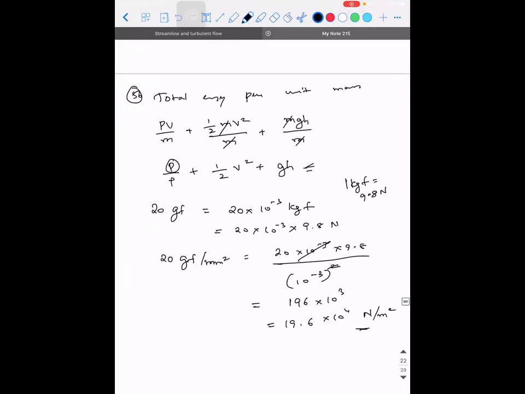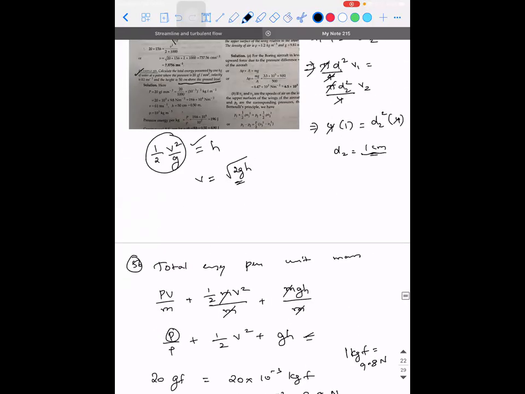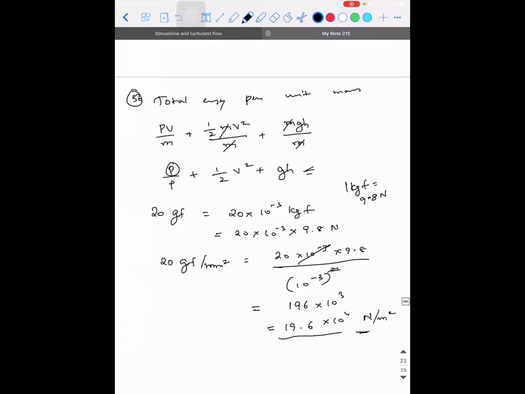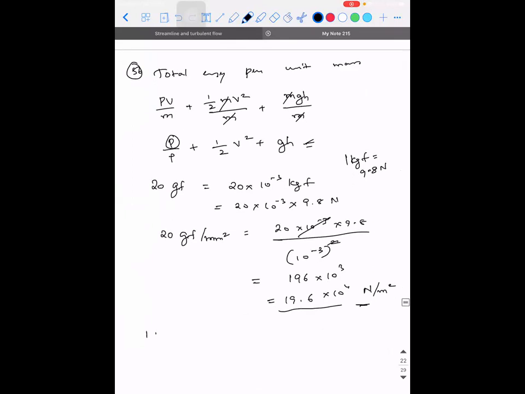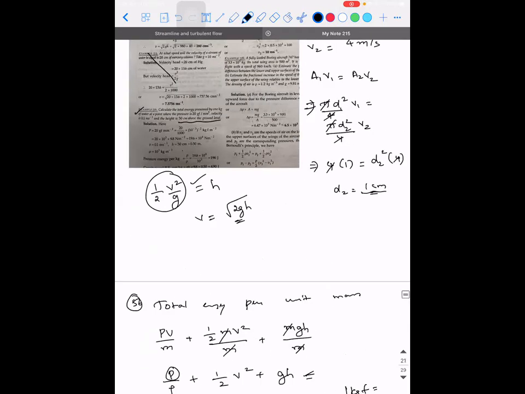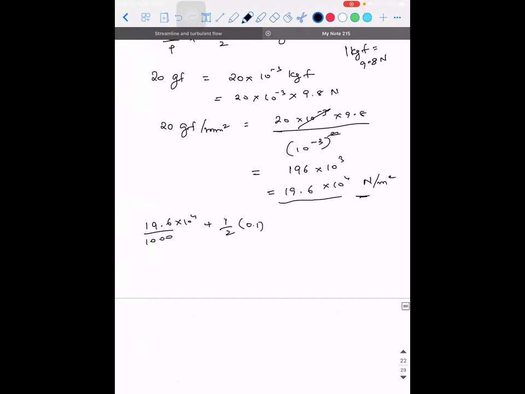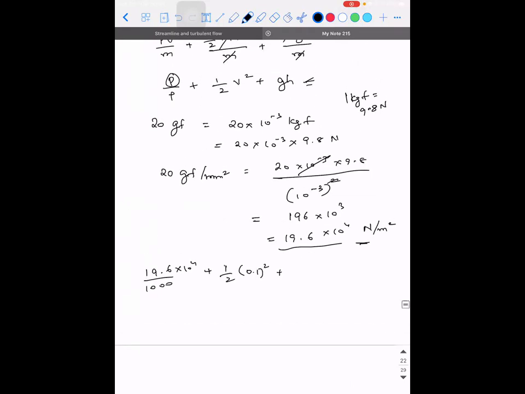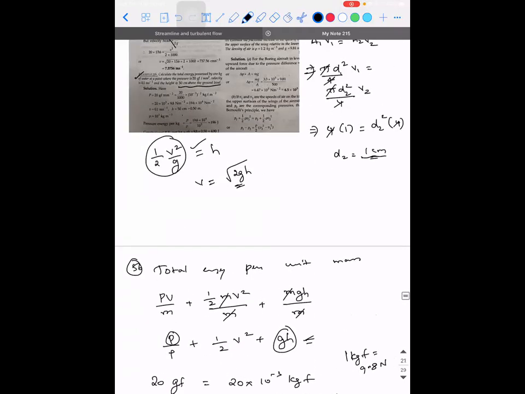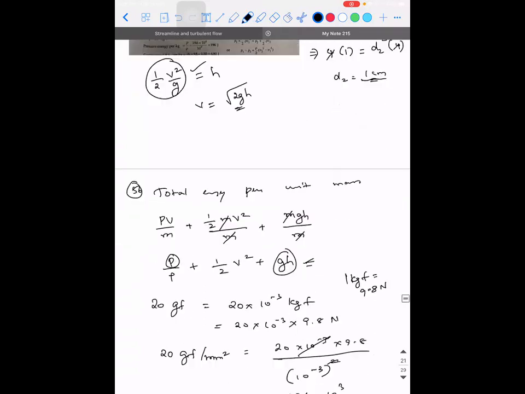So you have found the pressure. So what liquid have they given? 1 kilogram of water, right? So pressure is 19.6 into 10 power 4 divided by density of water, 1000, plus half into the velocity they have given, 0.1 meter per second, so 0.1 square, plus G into H. G is 10 into height, 50 centimeters.